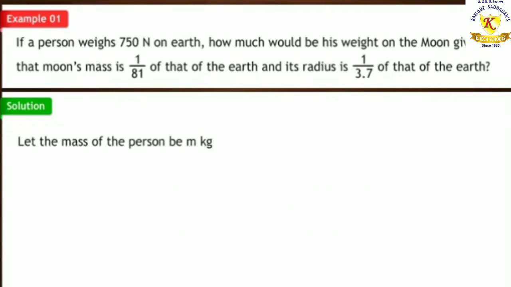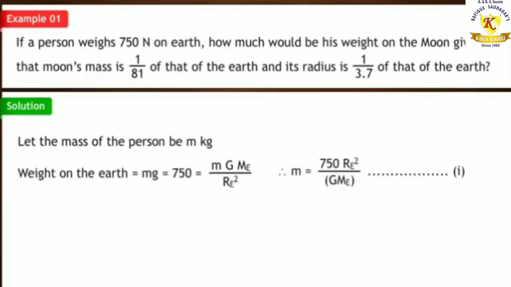Let the mass of the person be m kg. Weight on the earth mg is 750, which is equal to G m Me upon Re square. Therefore, m is equal to 750 Re square upon G Me. Let this be equation 1.